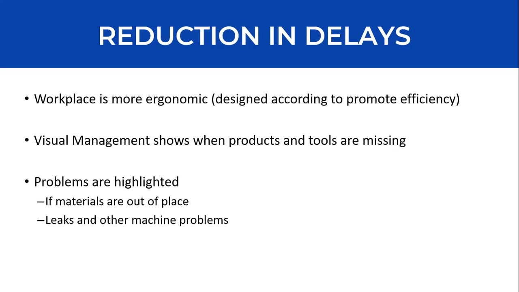Next, if you do implement 5S, you will have a reduction in delays. Visual management shows when products and tools are missing. So if you label things, this is great. A great way of doing visual management is, a lot of ladies, when they're using lots of different spices and making things in the kitchen, nowadays have bottles with what's in each bottle written on them.